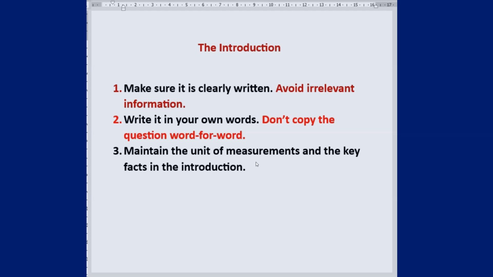Don't change the unit of measurement, and don't change the key facts in it. For example, maybe the date or the time or country or gender. If it's talking about Ghana, don't change Ghana to Namibia. And if it's talking about 2003, don't change 2003 to 2005, right?